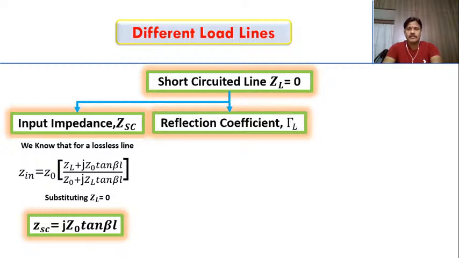Similarly, the second property we will see is the reflection coefficient gamma L. Already we know the reflection coefficient gamma L for a lossless line is equal to (ZL minus Z0) by (ZL plus Z0).